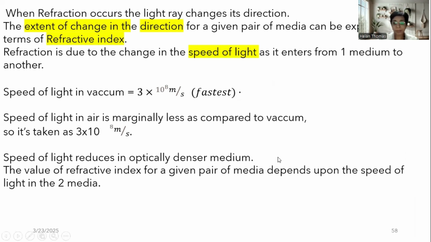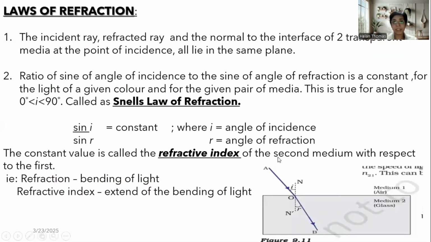See, for example, the light ray was expected to travel in a straight line. This is what we expected. But just because the speed of light changed in the second medium, what happened? This medium is a denser medium, so it bent towards the normal. The extent of this bending, from where we expected the straight line to where it actually went, that extent of bending is otherwise known as the refractive index.